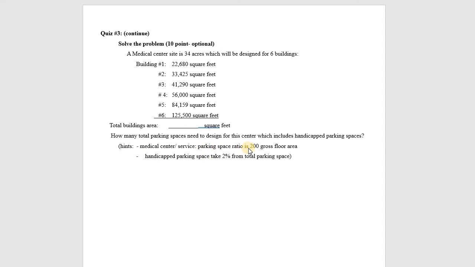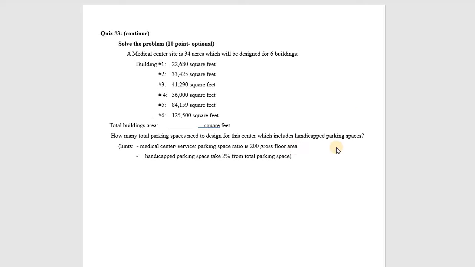The parking space ratio is 200 gross floor area, that means for one parking space you need 200 square feet. So you take the total building area, divide by 200, and you get how many parking spaces for the medical center.